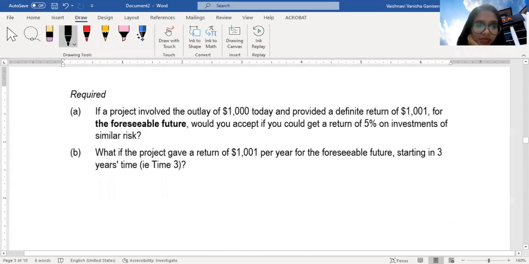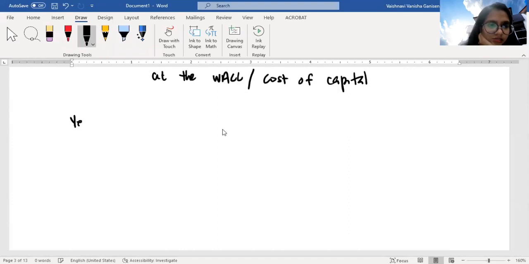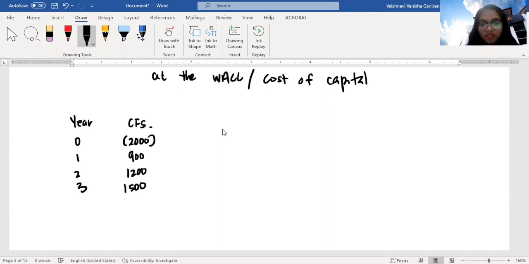Okay, assuming that the year cash flows, year 0, 1, 2, 3. Your cash flow here is 2,000. That means your initial investment is 2,000. Your cash flow every year, this is 900, this is 1,200, this is 1,500.